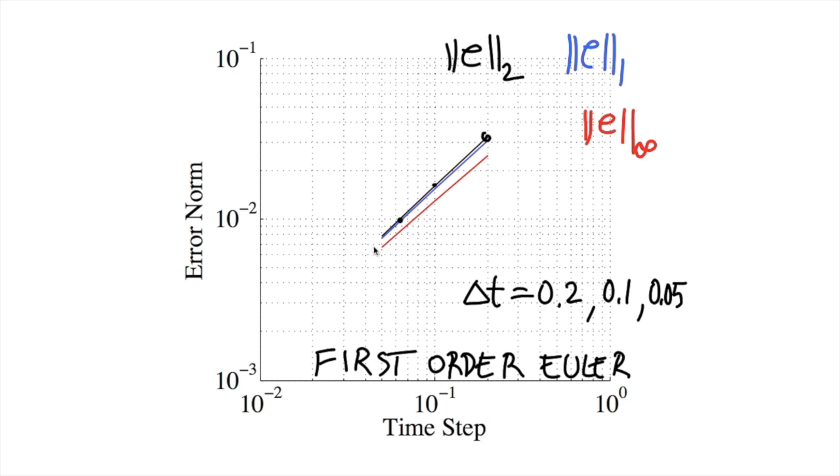And so the slope on this log-log curve is a slope of 1. As we can observe, all the norms are behaving in this way. And in terms of absolute error, you can see how big the worst error is in terms of the values that we have plotted. So now we can contrast this to the solution we get by going to a second order Euler time advancement, and so we will look at that next.